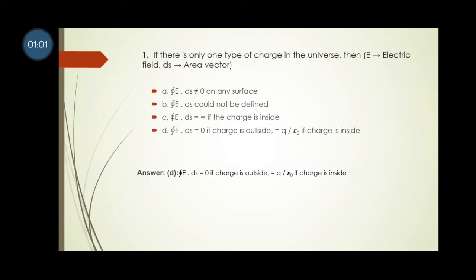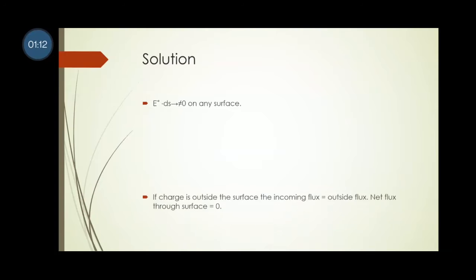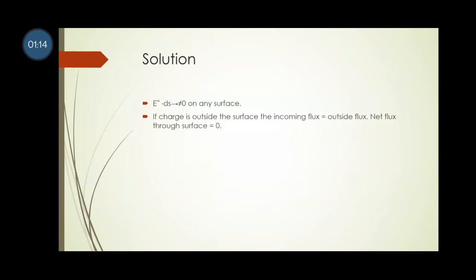Answer is D. But how did we get this answer? Let us discuss with the solution. If you take E dot ds, it is not equal to 0 on any surface. If charge is outside the surface, then what happens? Incoming flux is equal to outgoing flux.